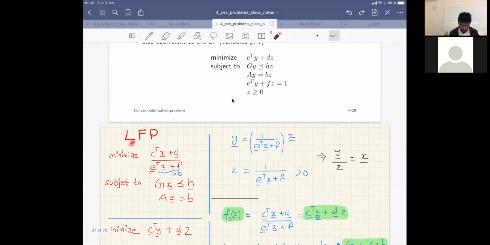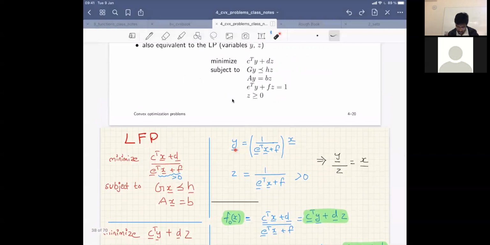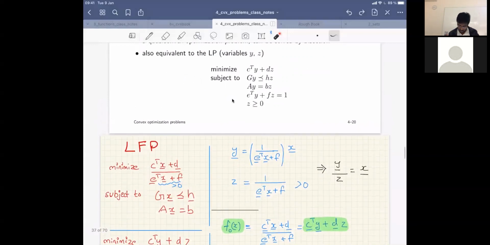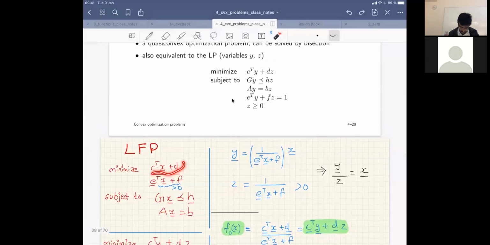So this was your original problem, where you minimize this strange function with respect to inequalities and equality constraints. Now what you do is you make a substitution. You introduce a vector y. So y is this part, x over e transpose x plus f. Now another variable z, that is this part, 1 over e transpose x plus f.